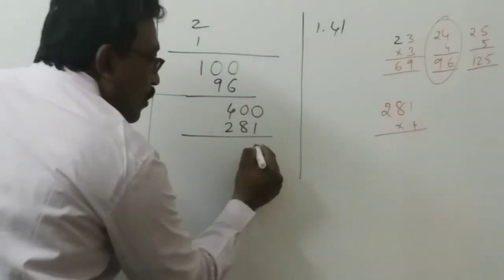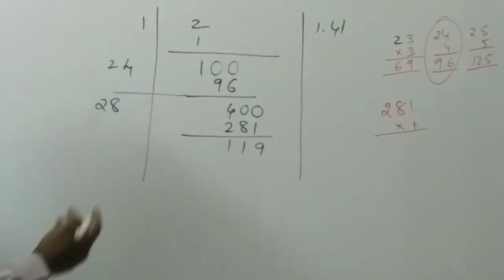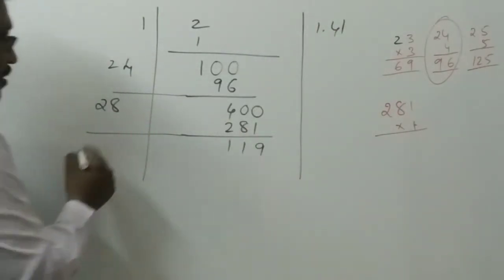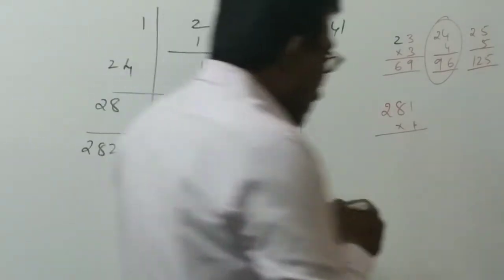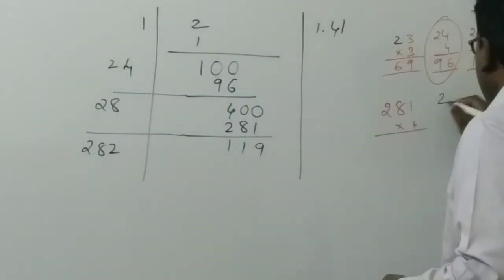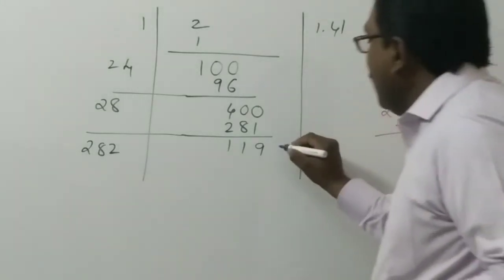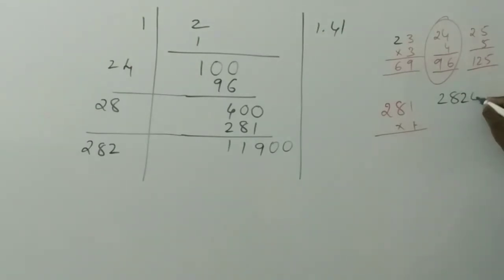Now 10 minus 1, 9, 1, 1. Now again double it. Okay, double it. 141, 282. Now you take the 282 to the left hand side and now multiply with 1. Now already the decimal is there. 2 zeros will come. Now shall I try with 4?